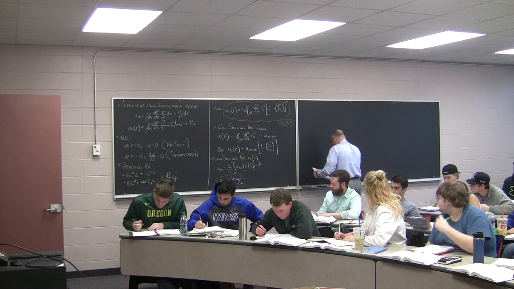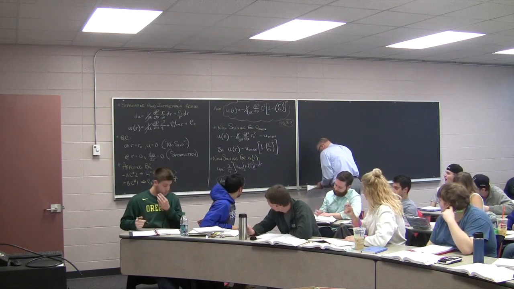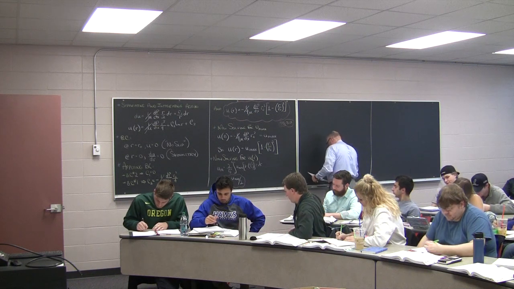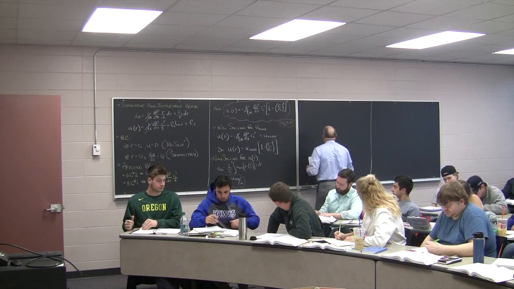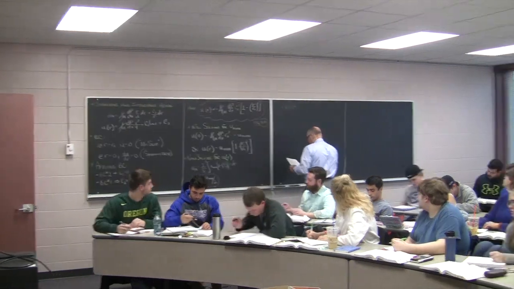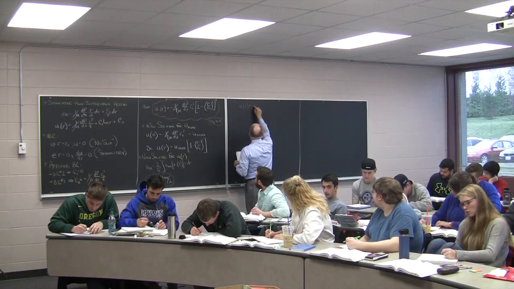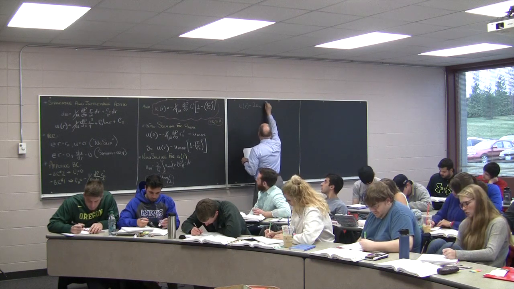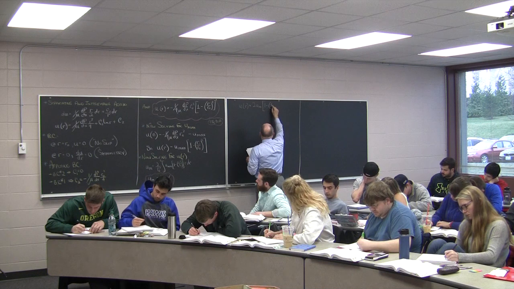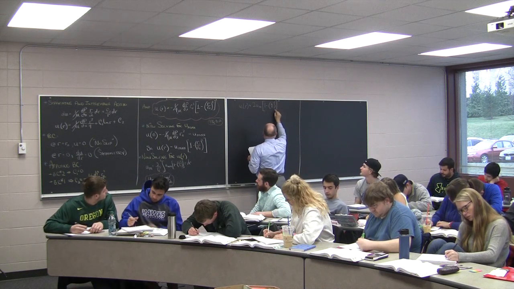We can also say then that u at any point will be equal to 2 times the mean velocity times 1 minus r over r sub 0 squared.